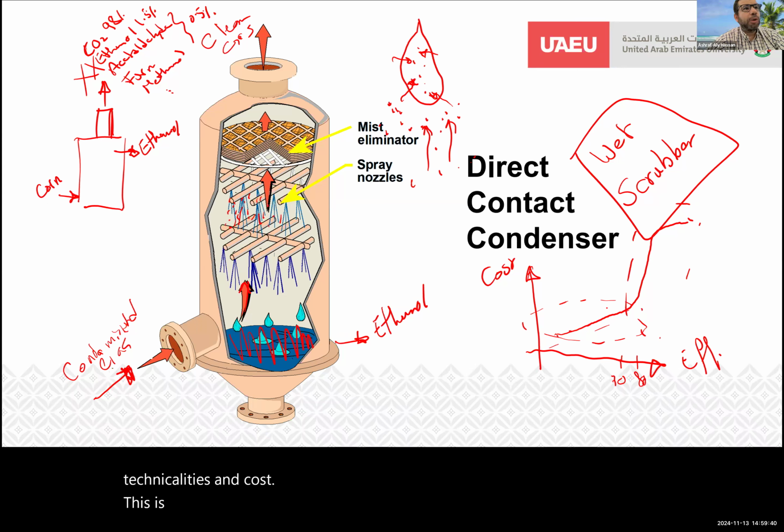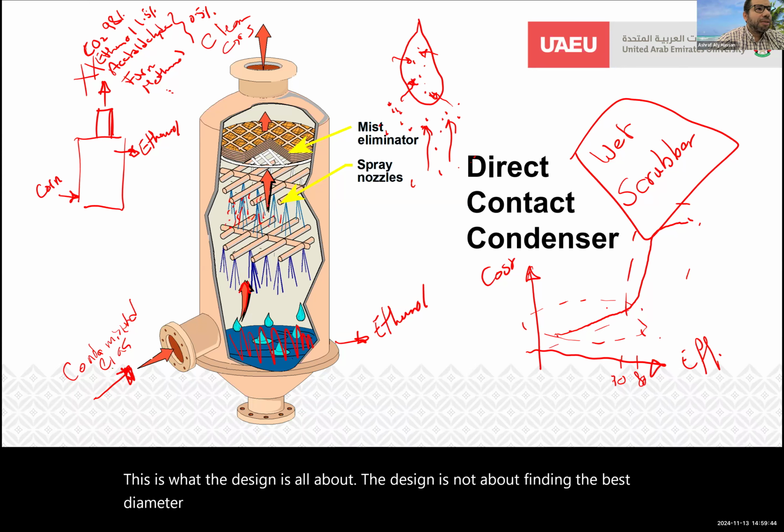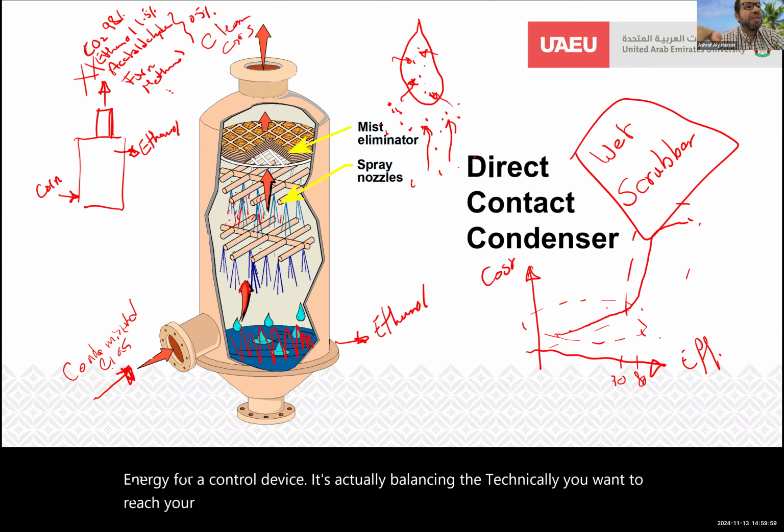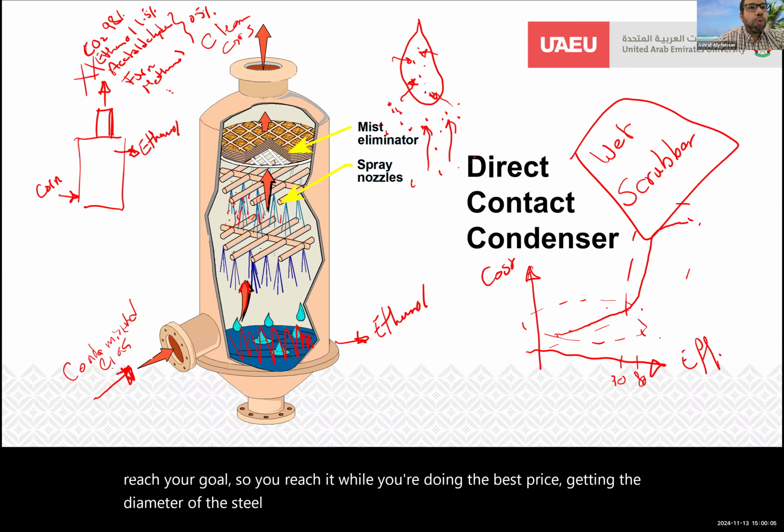The design is not about finding the best diameter for steel or the best depth for a beam or the best energy for a control device. It's actually balancing the technical. You want to reach your goal, so you reach it while you're doing the best price. Getting the diameter of the steel beam. Why do you want to do that?